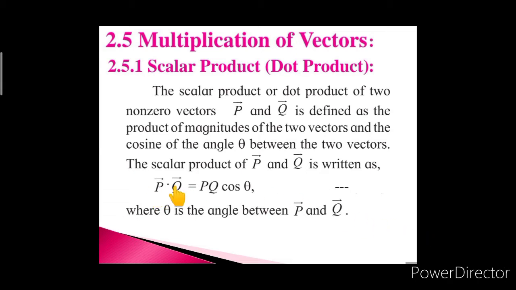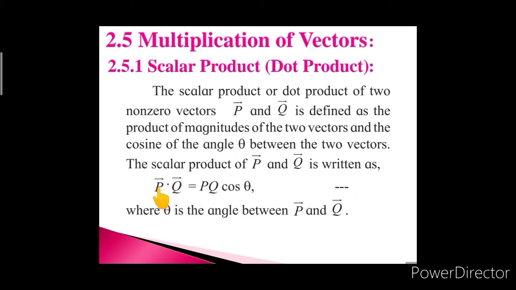Let us assume that two vectors are given in magnitude and direction, that is vector p and vector q. By putting a dot in between them to get the multiplication of these two vectors, the result is given as the product of the magnitudes of these two vectors and the cosine of the angle theta between them.